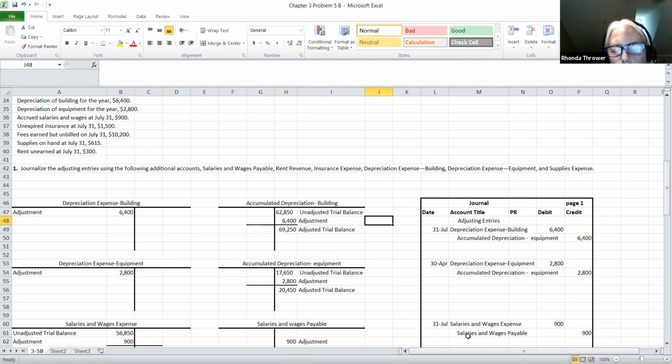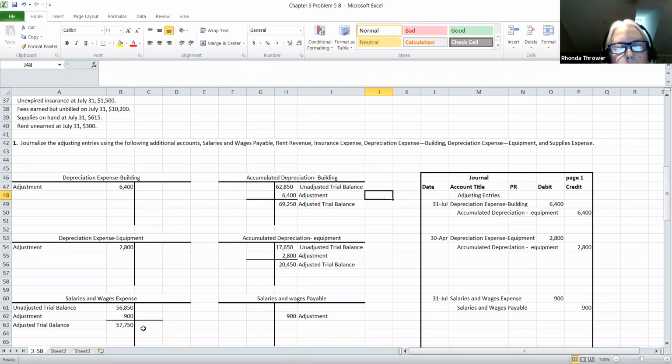We copied that into the journal. And then from the journal, we would copy to our ledger. And we would rebalance our ledger accounts and end up preparing an adjusted trial balance. When we rebalance the ledger account for salaries, you can see that the adjustment is added to the unadjusted trial balance amount to get the adjusted trial balance amount.